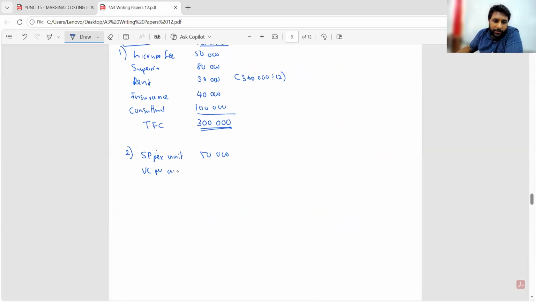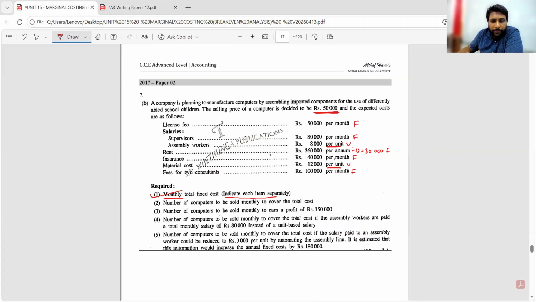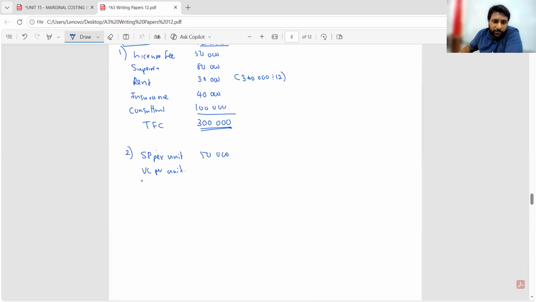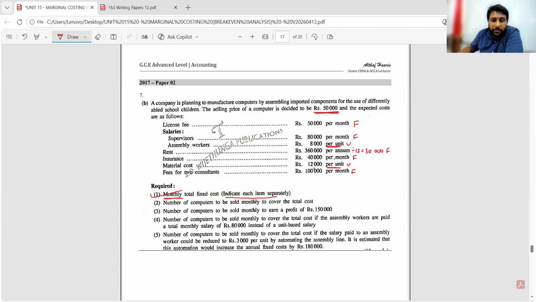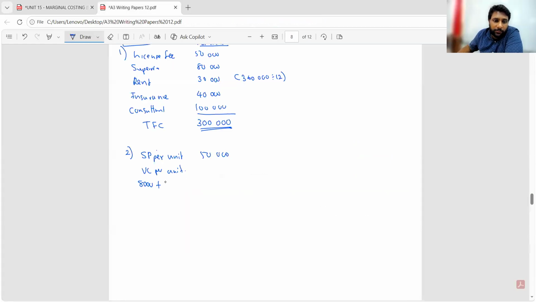Variable cost per unit. Assembly worker 8,000. Material cost is how much? 12,000. So altogether how much? 20,000. Then what's the contribution per unit?